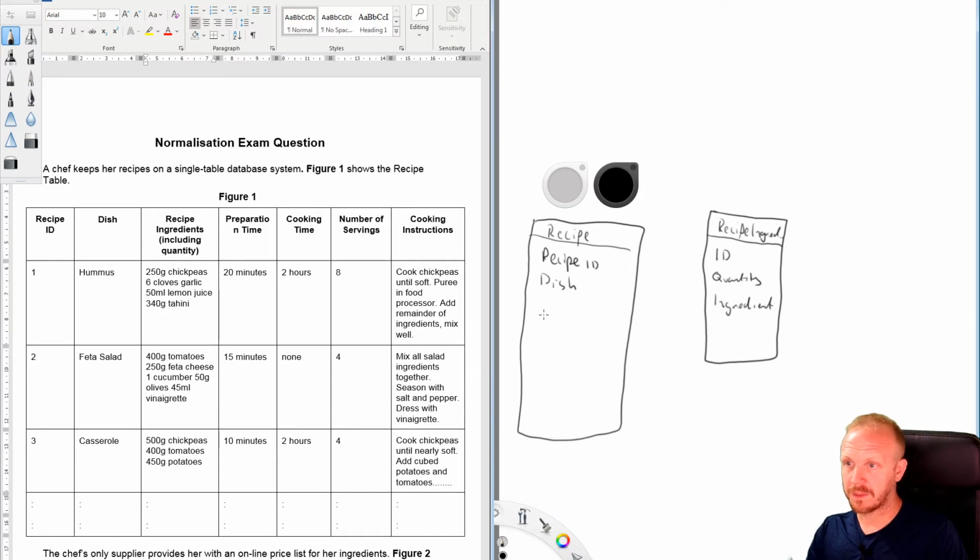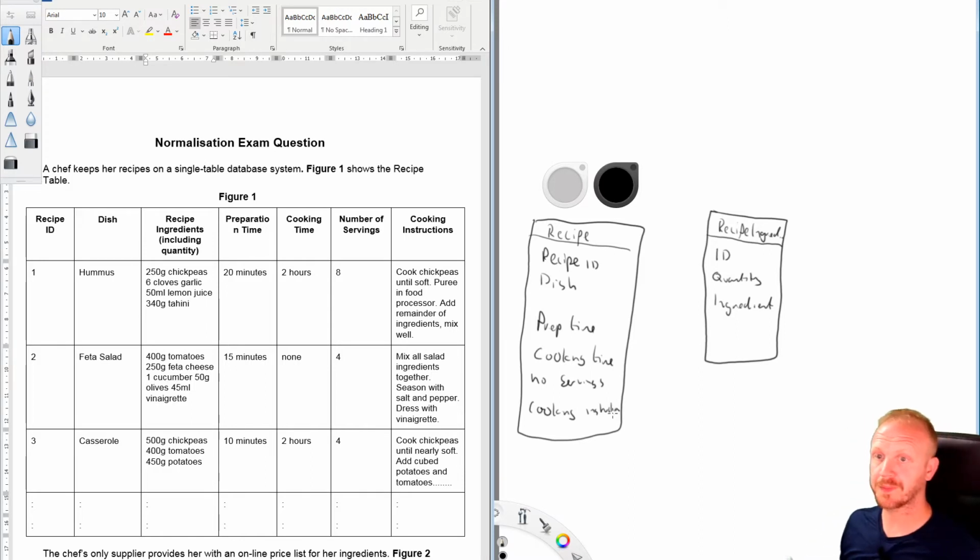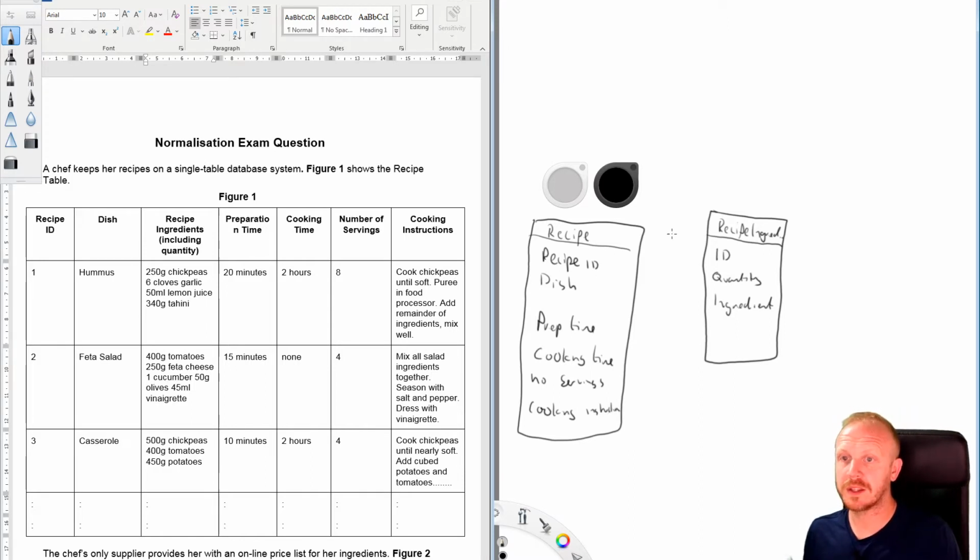And then there'll be the preparation time, the cooking time, number of servings, and cooking instructions.